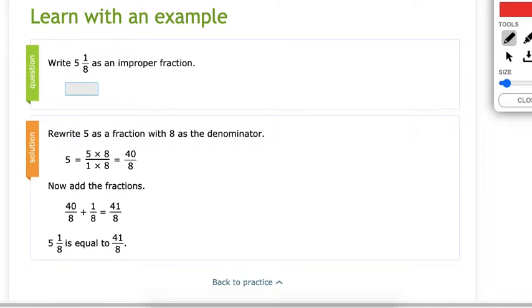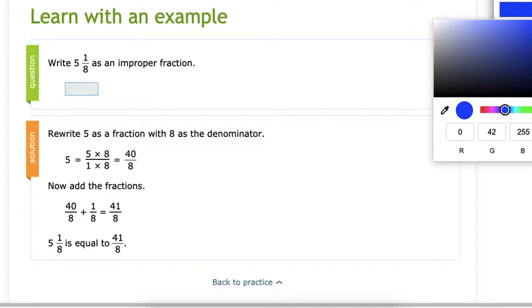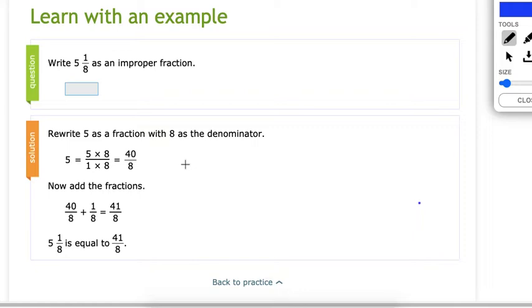One thing we want to remember here is what this really means. 5 and 1/8, what you can really think about that means is 5 wholes plus 1/8.